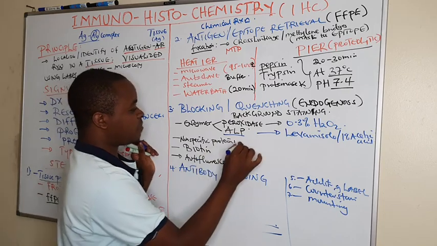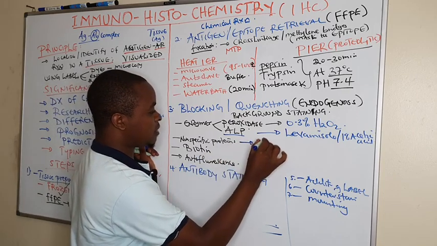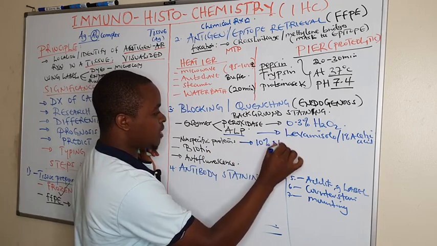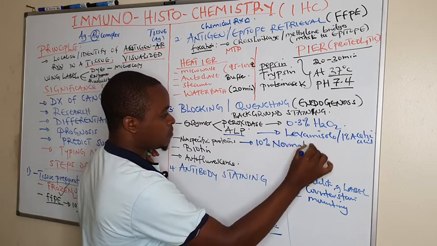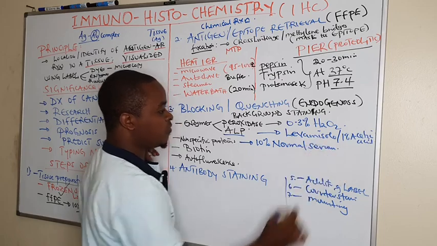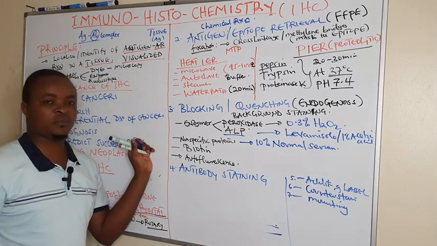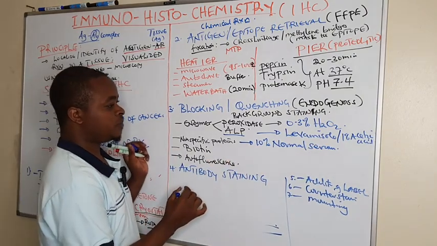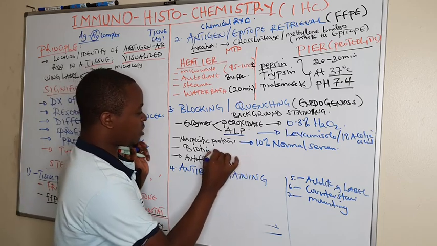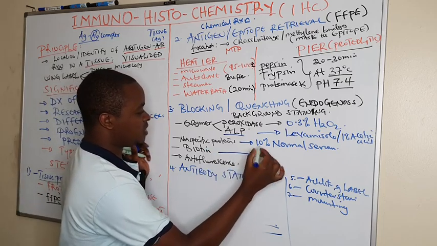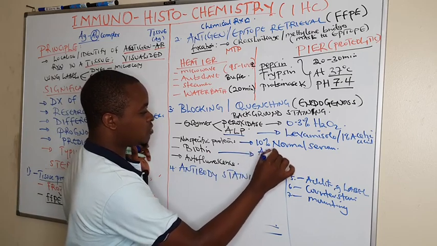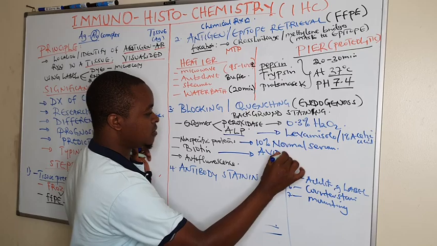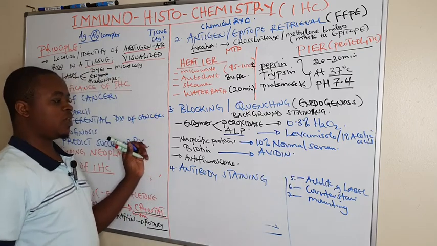Then non-specific proteins are blocked using 10% normal serum, obtained either from goat or sheep. This normal serum can block these non-specific proteins. Then biotin is blocked by using avidin, so you stain using avidin to block the endogenous biotin.